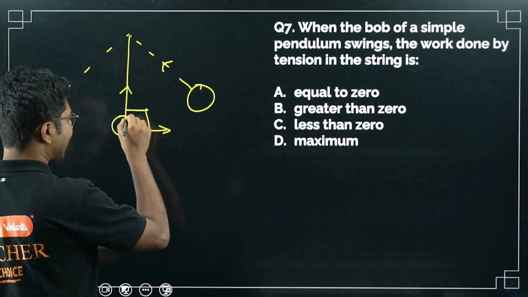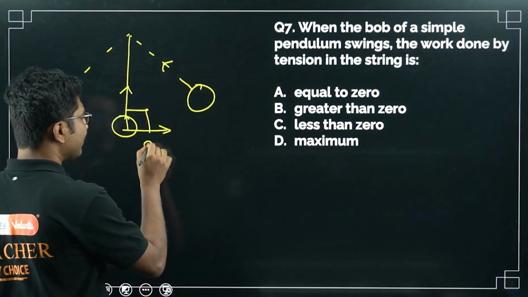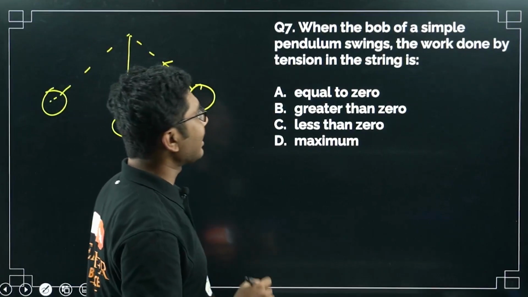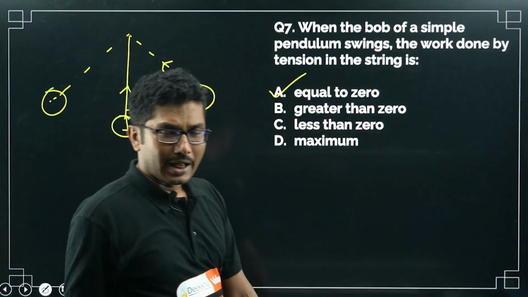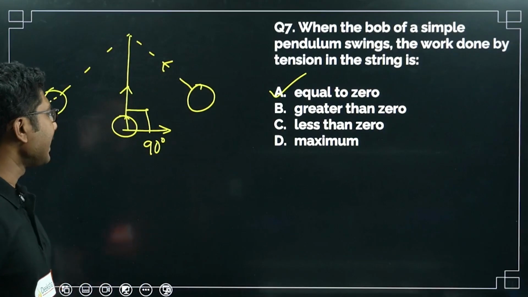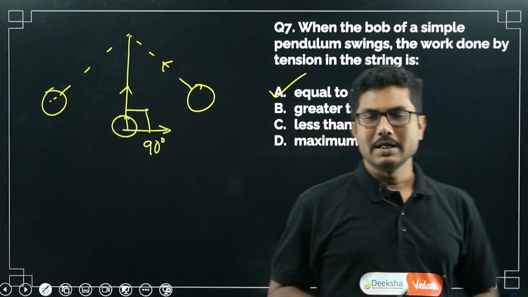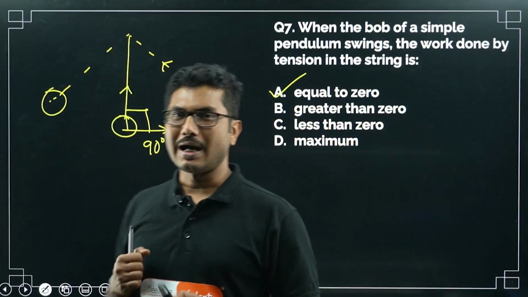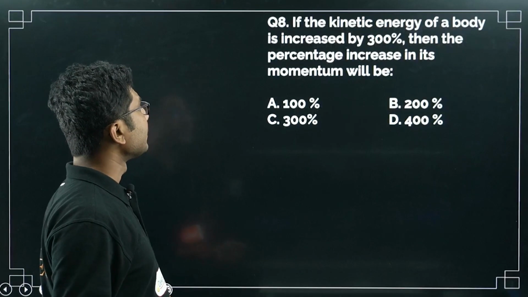So what is this angle? This angle is 90 degrees. So 90 degrees means work done by the tension will always be equal to 0. F s cos theta, theta is 90 degrees. That means work done will always be 0. Simple question. You just have to understand the meaning of the question and then you can answer such questions.